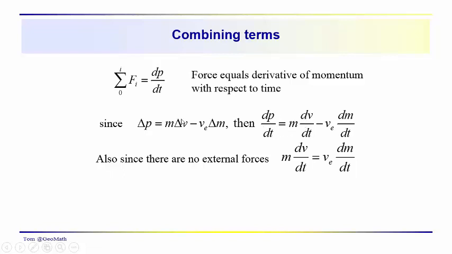We're just taking the derivative of each of these terms and looking at it in the limit that delta v and delta m go to 0. So we have m dv dt minus v sub e dm dt. And there are no external forces, so these are equal to 0. So m dv dt is equal to the velocity of the exhaust times the derivative of the change in mass with time.